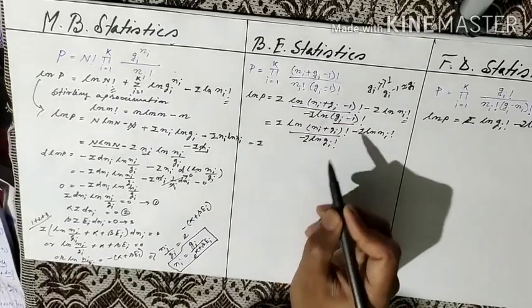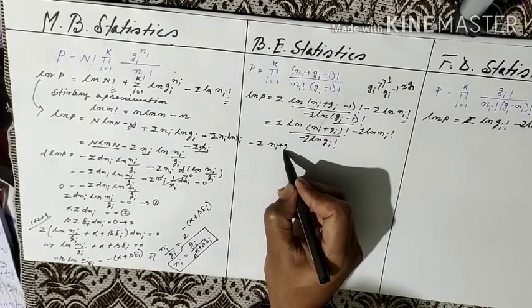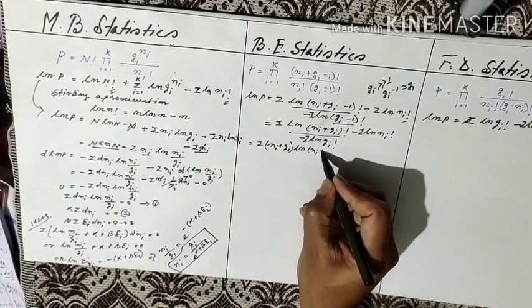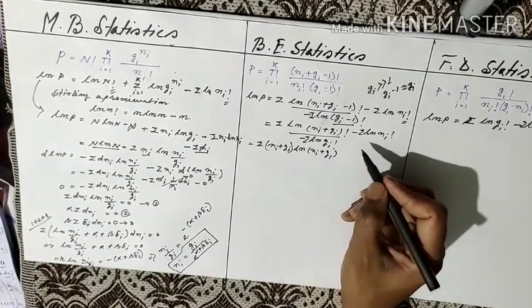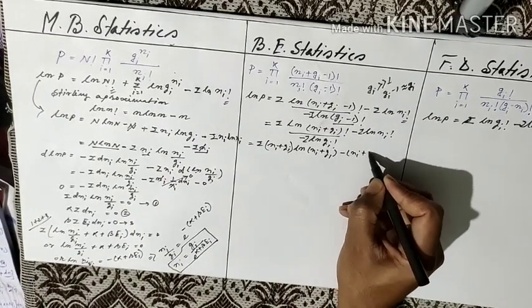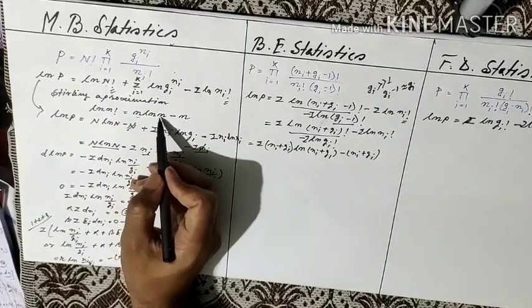Summation, use this part: ni plus gi ln ni plus gi, minus ni plus gi. I have used this.